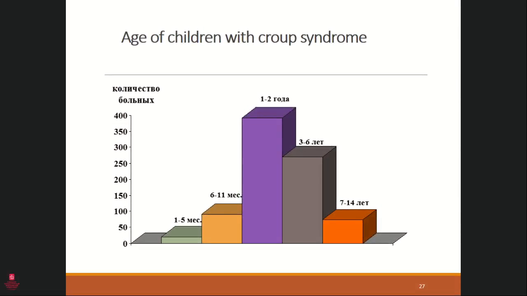Acute viral croup develops mainly in young children, in the first 2 years of life. At an older age, croup is rare and no longer has a viral nature, but an allergic one.